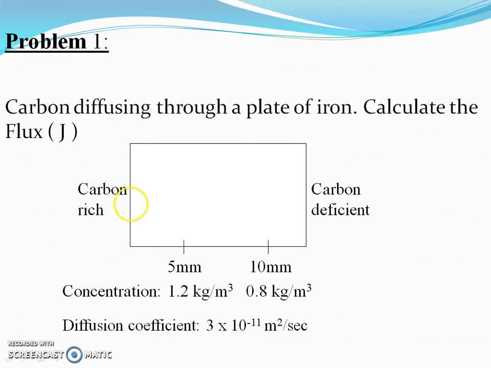This is the facing surface, and if this is point 0, that is the upfront surface or the reference point, this distance is 5 millimeter thickness. So this is 5 millimeter of the particular iron plate and this distance is 10 millimeter.